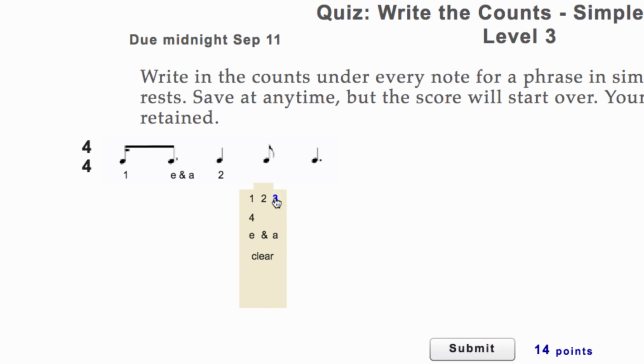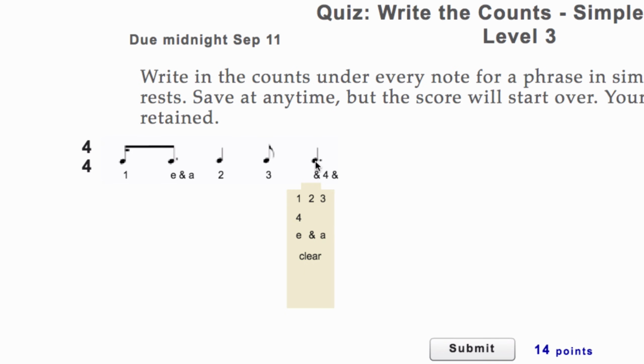Here's the third beat, but not all of it. It gets 3, and it needs the and of 3, since it's a quarter note divided into 2 eighth notes. So I have to give the and over here, and then the rest of the 4 count, 4 and.